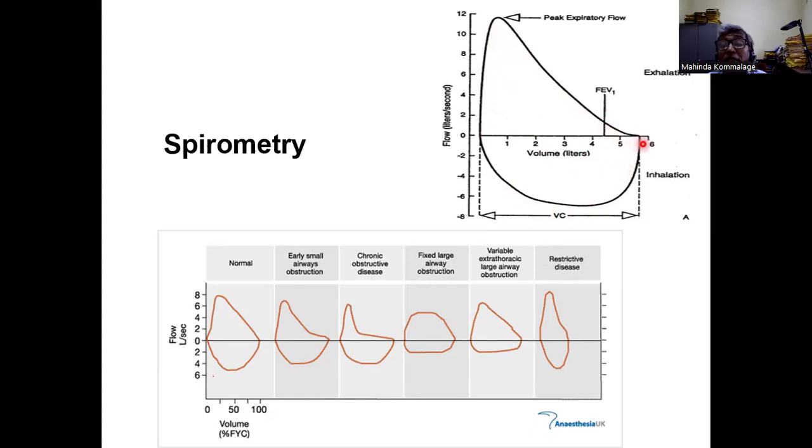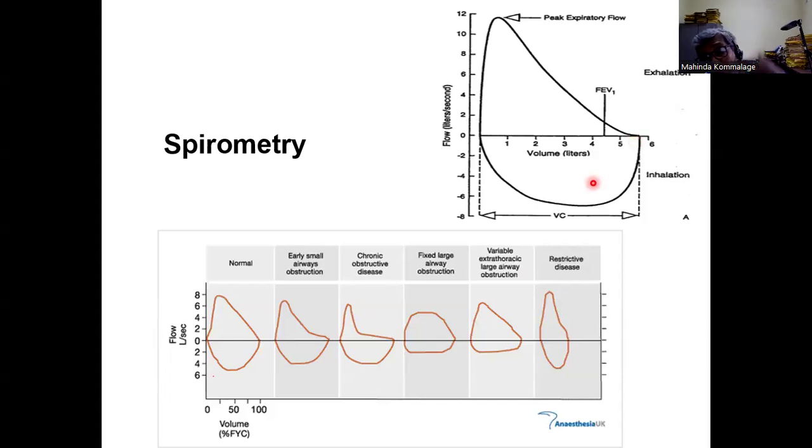If this is the maximum volume we can achieve, like 5.5 liters, yes, this axis is liters. That is the maximum volume that we can exhale or inhale with great effort.